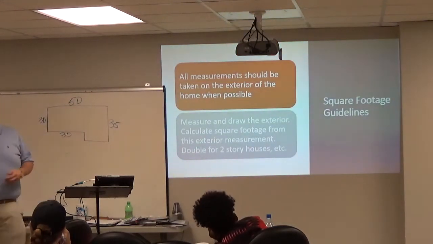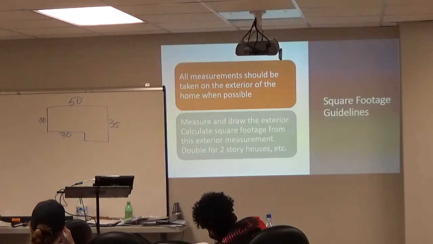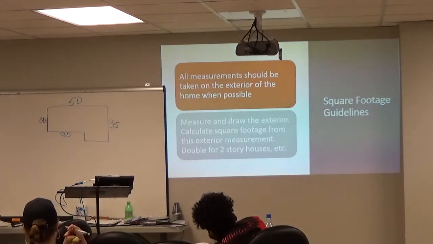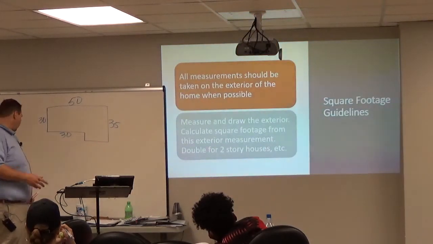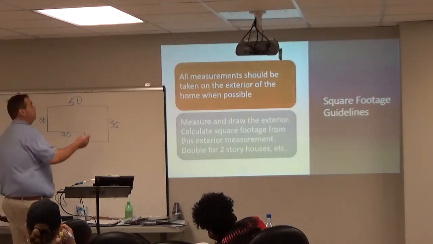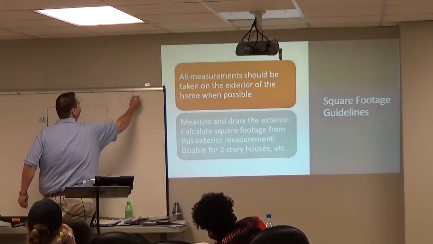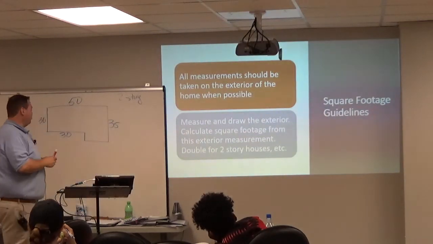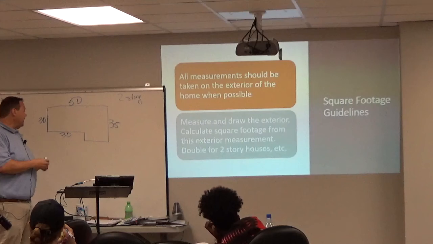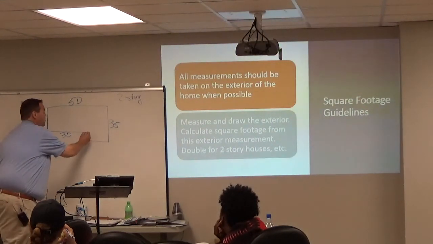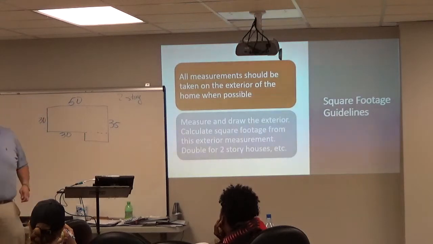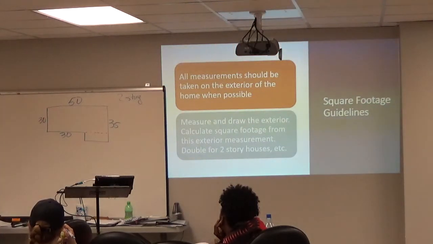So those are my exterior measurements. Does that make sense to everybody? Okay. What I'm going to do is draw that out after I've measured the exterior measurements, and this is a 2-story house. The easiest way to calculate the square footage of something like this is just divide it into 2 boxes. Just pretend that there's 2 rectangles there.